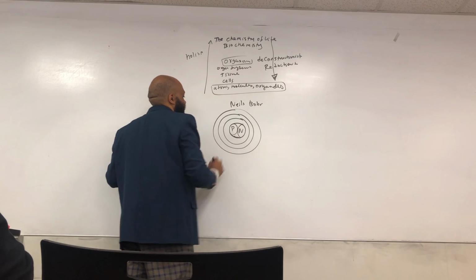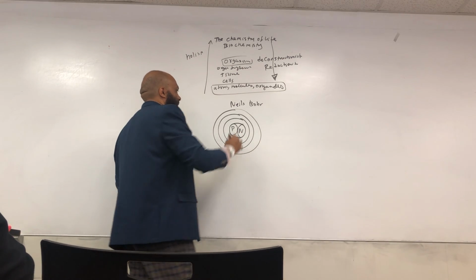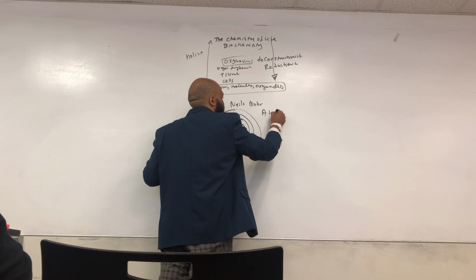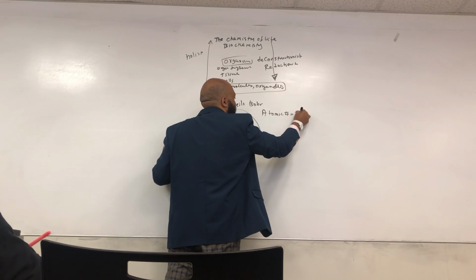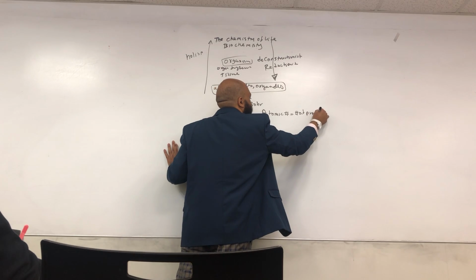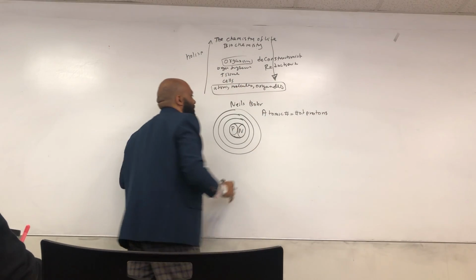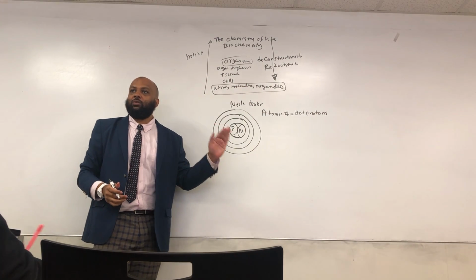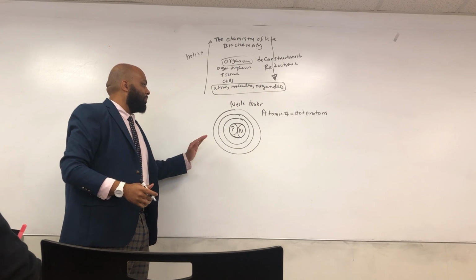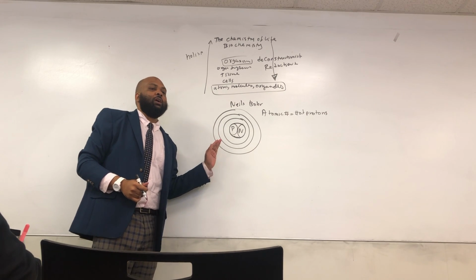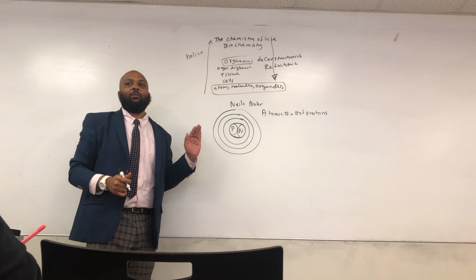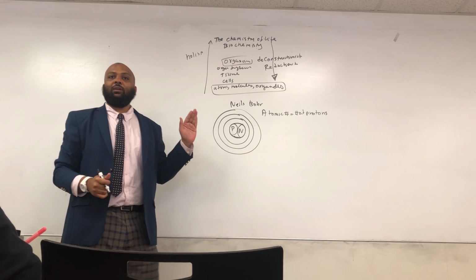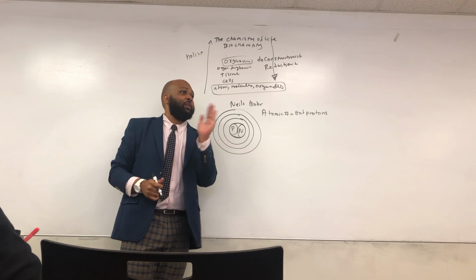This is the nucleus. So Niels Bohr said that the atomic number equals the number of protons. The atomic number is equal to the number of protons. So if one atom has 2 protons and 2 neutrons, what's the atomic number? 2. And that atomic number is your number in the periodic table.